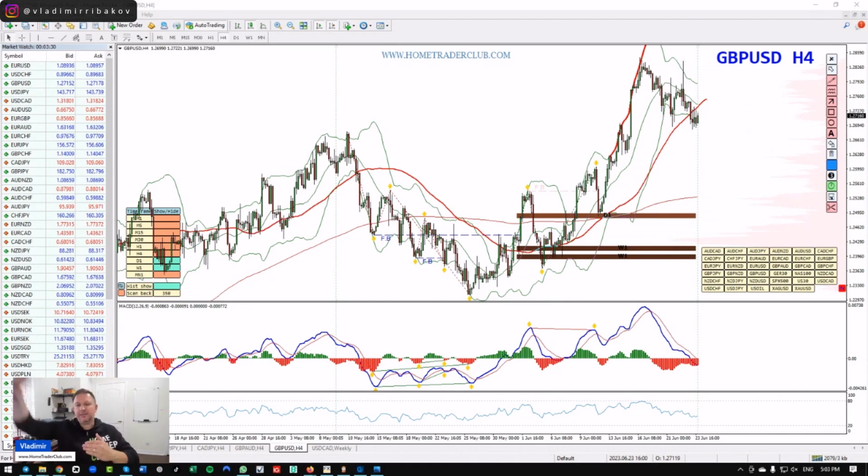So the ABCD, if it breaks upside, I do anticipate to see further continuation up all the way to the levels we discussed in the previous week. However, there is a probability that with the price reaching the previous week high, retesting it and holding, the fact that it happened in only one candle and it holds under this high could become suspicious, and it potentially will turn out to be a double top.